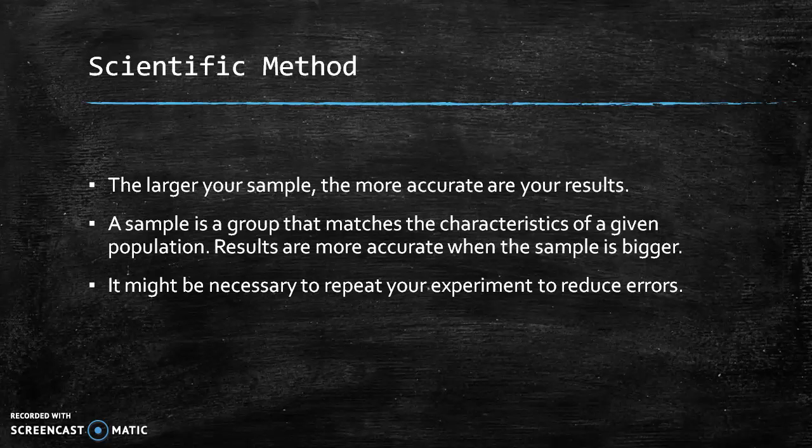So it might be necessary to recruit more people who are also facing the same problem that I am, to make sure that my results are the only reason why this problem exists in the first place. A sample is nothing much but just a group of people that match the characteristics of a given population, right? And results are more accurate when the sample is bigger.